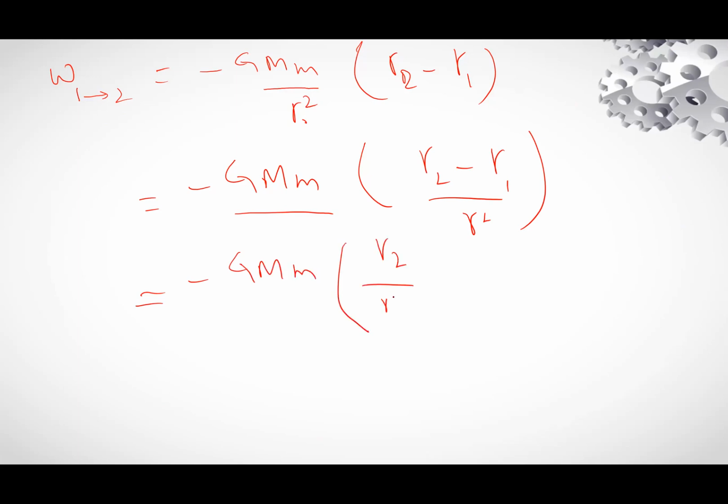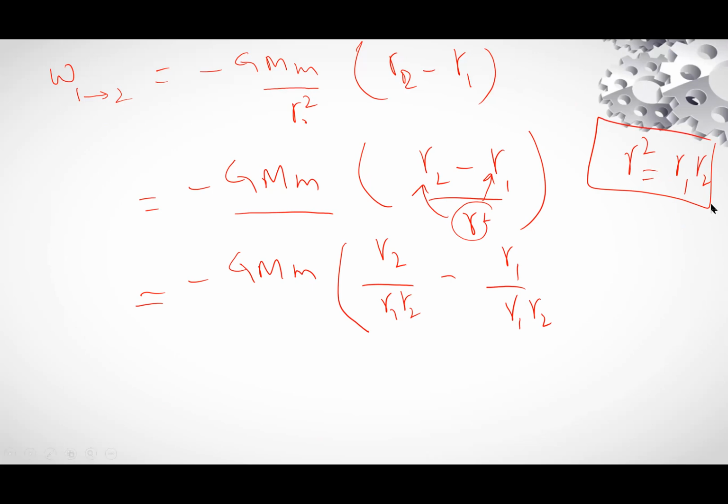So write minus G M m, r2 minus r1 divided by r1 r2. Write this separately under r2 and under r1 also. So as we have verified, r square is equal to r1 r2. Write this equation.